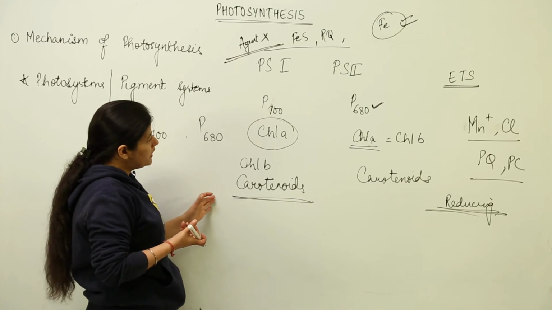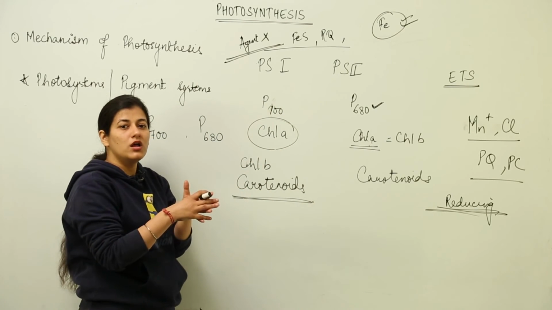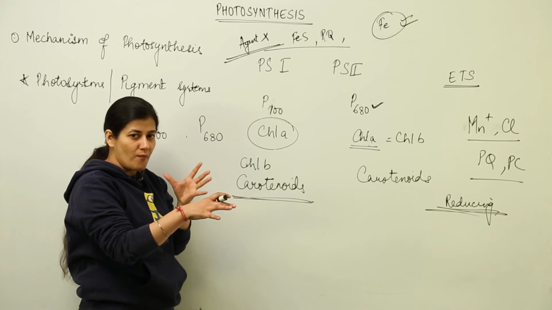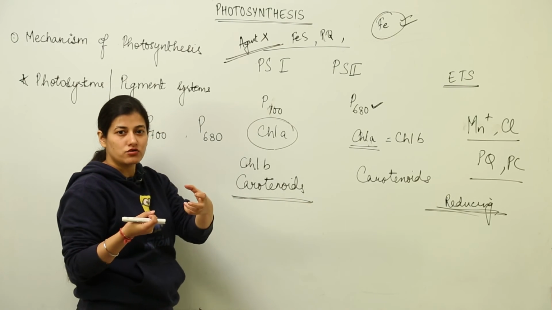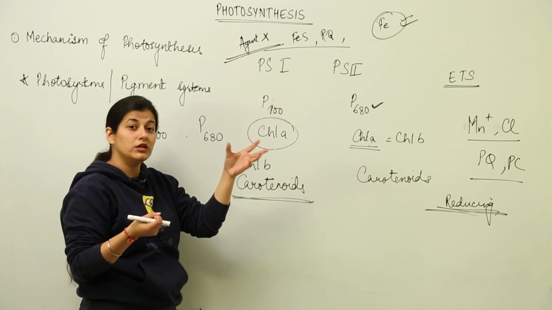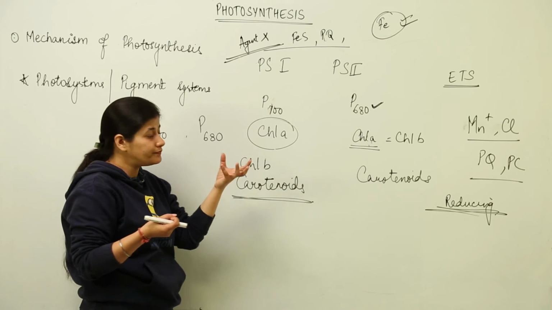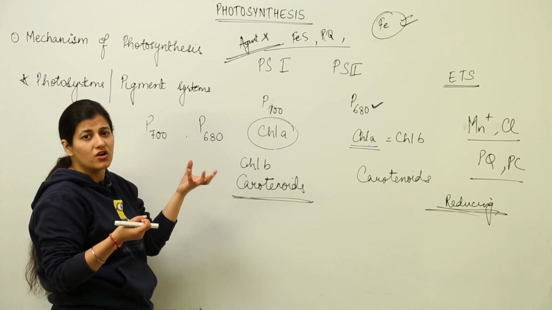Because we are dealing with the photosynthetic unit that takes up the energy from a photon and gets its electron excited, we also talk about those compounds which are going to take up the electrons, and they are nothing else but reducing agents.